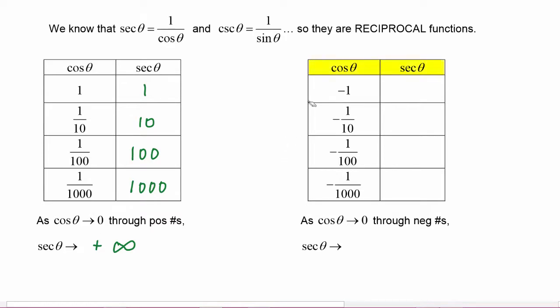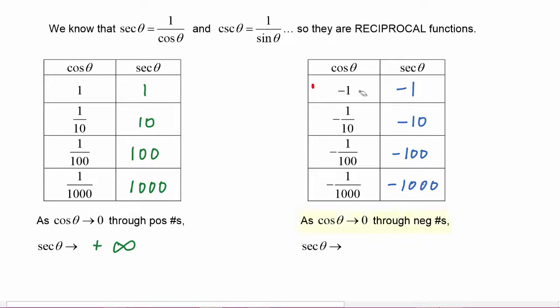Now if we look in the negative direction, we know cosine theta can be as small as -1. If we plug a -1 in there, 1 divided by -1 is -1. If we put a -1/10 in there, then 1 over -1/10 becomes -10. This becomes -100. This becomes -1,000.